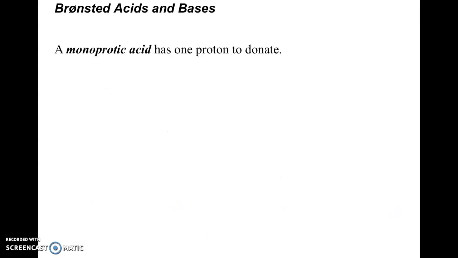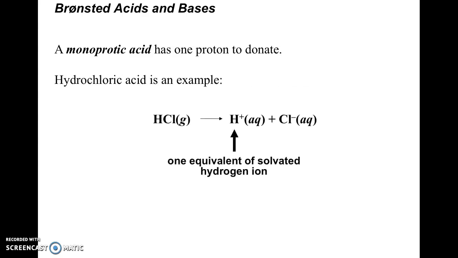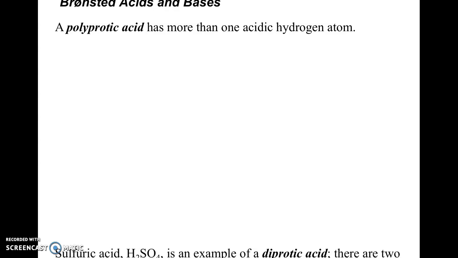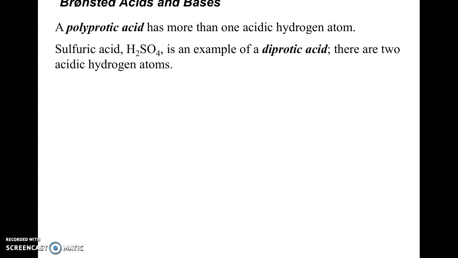So there's a couple other definitions we want to make sure we understand. A monoprotic acid only has one proton, monoprotic. Hydrochloric acid is an example of that. There are polyprotic acids. They can have more than one acidic hydrogen, and sulfuric acid is an example of that.